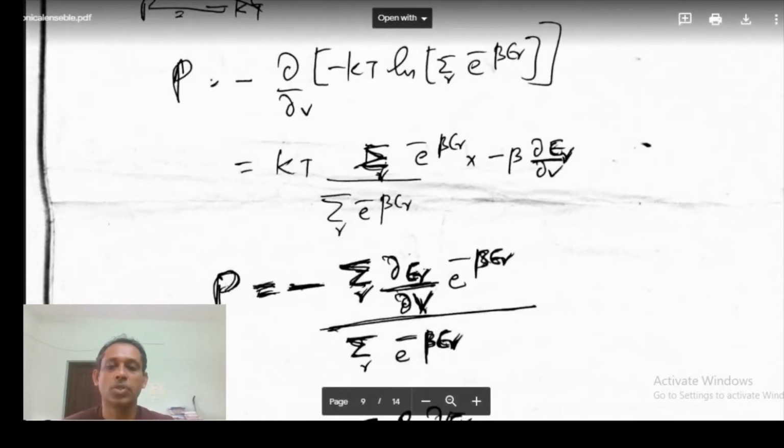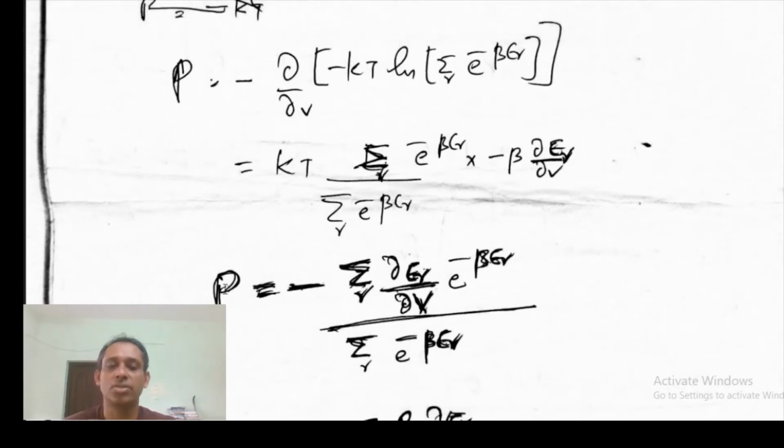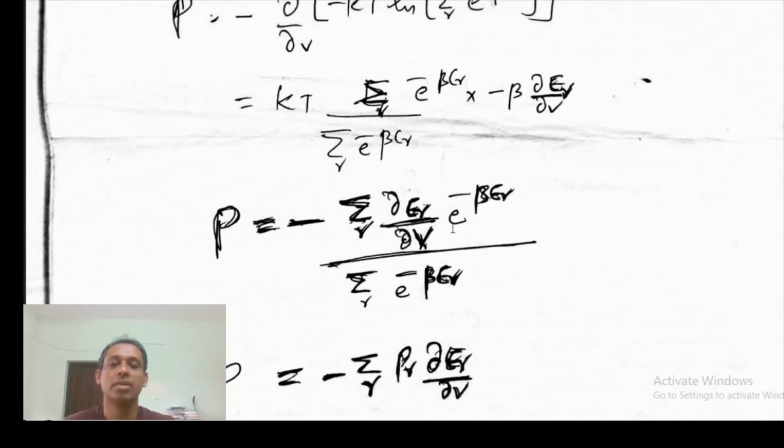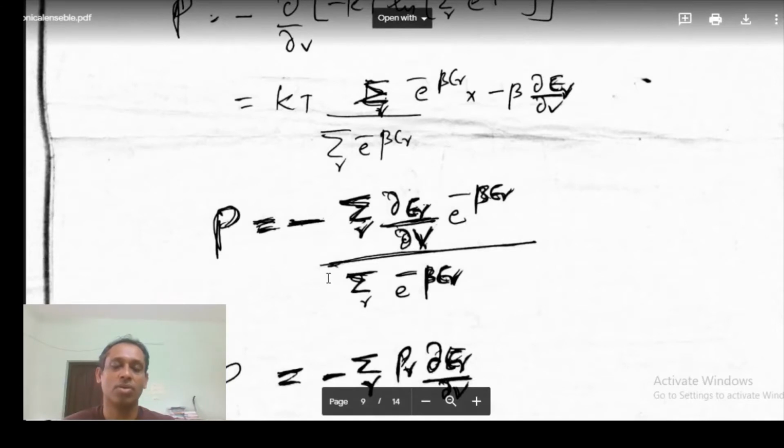This beta is 1 by kT, which cancels with the kT, so pressure equals minus sigma r, dou Er by dou V, e to the power minus beta Er over sigma r e to the power minus beta Er.